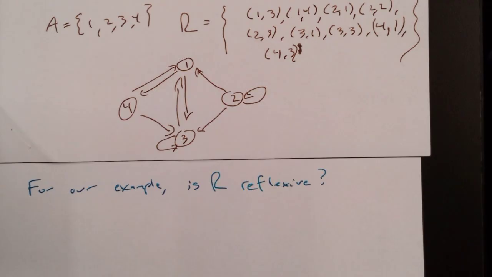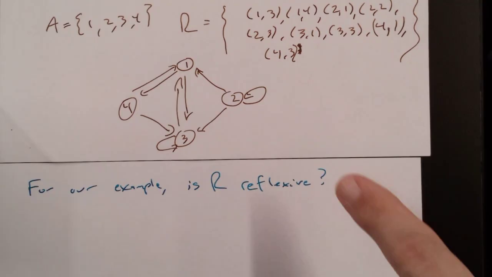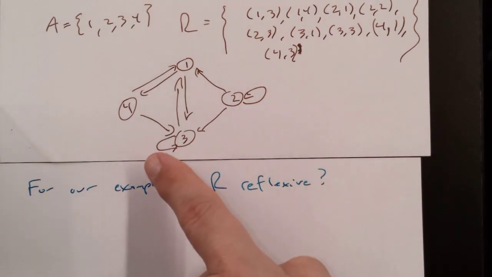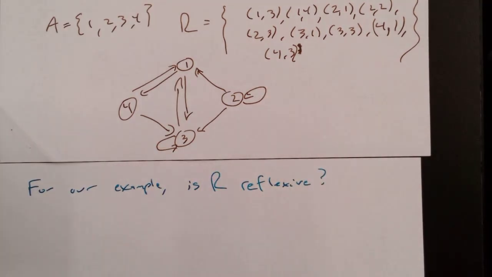So in my picture, I would need to see an arc from each element to itself. A loop, like I have here or here. But I don't have a loop on 1. I don't have a loop on 4. The ordered pair 1, 1 is not in my relation. The ordered pair 4, 4 is not in my relation. The answer is no.